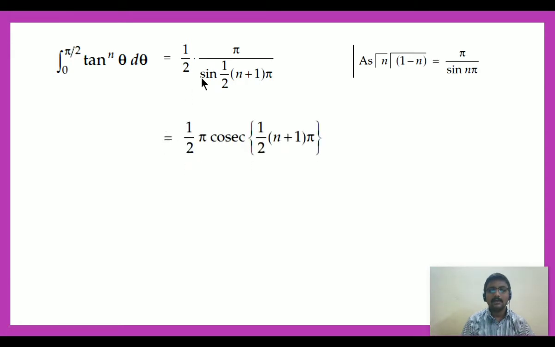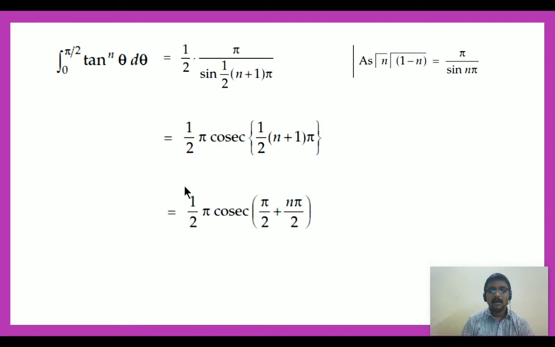Now that is half into pi constant, that is pi by 2. 1 by sine of n plus 1 into pi by 2 is cosecant of n plus 1 into pi by 2, because cosecant is the reciprocal of sine. So 1 by sine is cosecant.